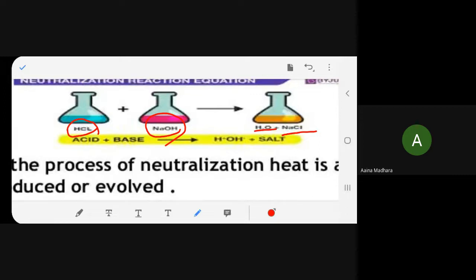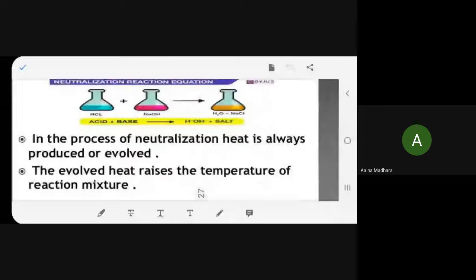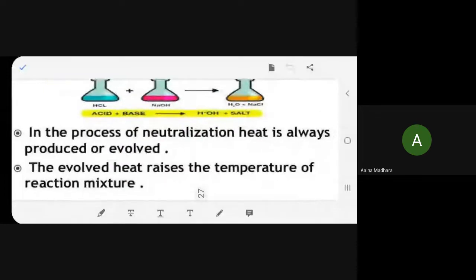Clear? Now if you touch this flask, what will you find? That it is hot. Please read it better.